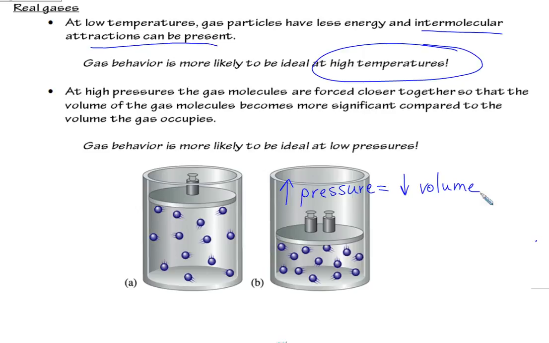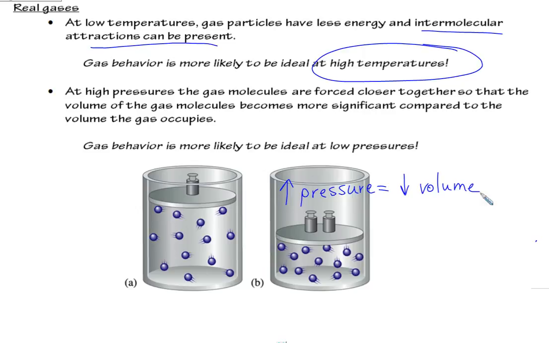Usually, the volume of the container is equal to the volume of the gas particles. And the particles themselves really don't contribute significant volume, so we never really include it when calculating volume. But if I have high pressure and a really small volume, the volume of the container might be a little different because the volume of the gas particles themselves is more significant.